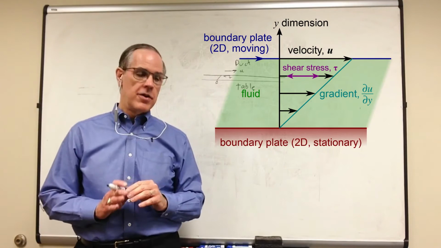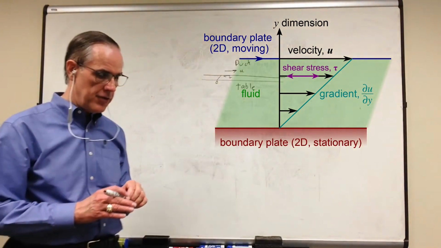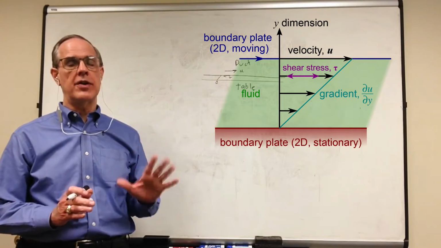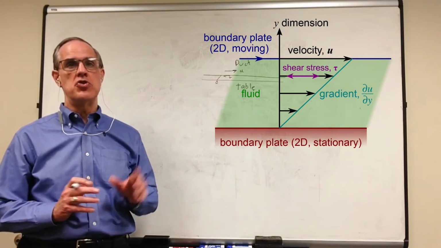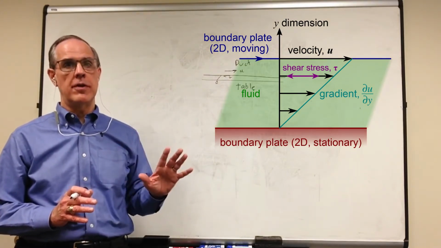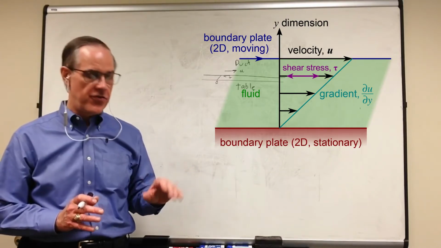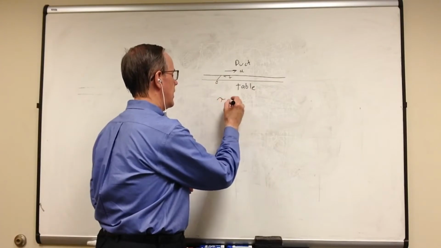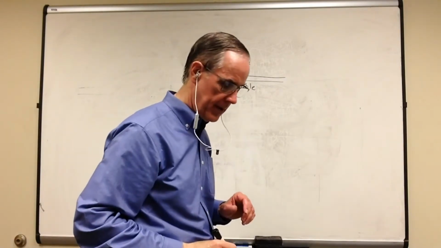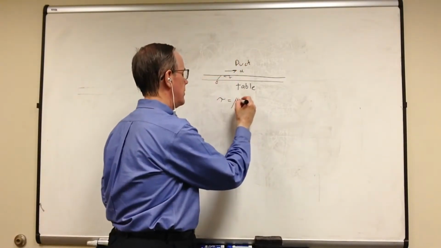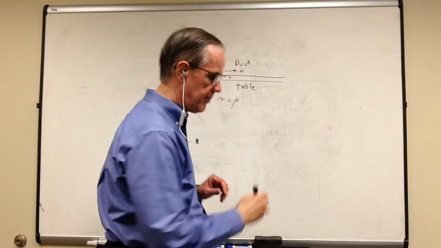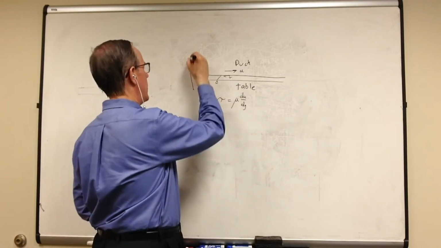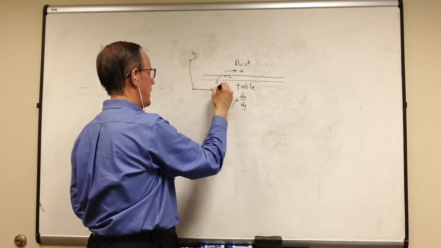First, let's go to that. Viscosity is the property of a fluid whereby we have shear stresses during motion of the fluid. The formal equation for this is that the shear stress is equal to the viscosity, which we'll define as mu, times du dy, where this is y and that's x.